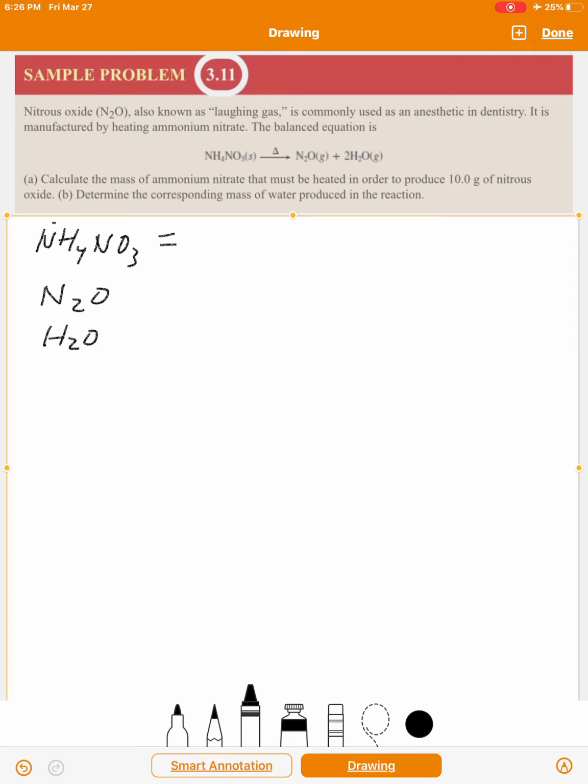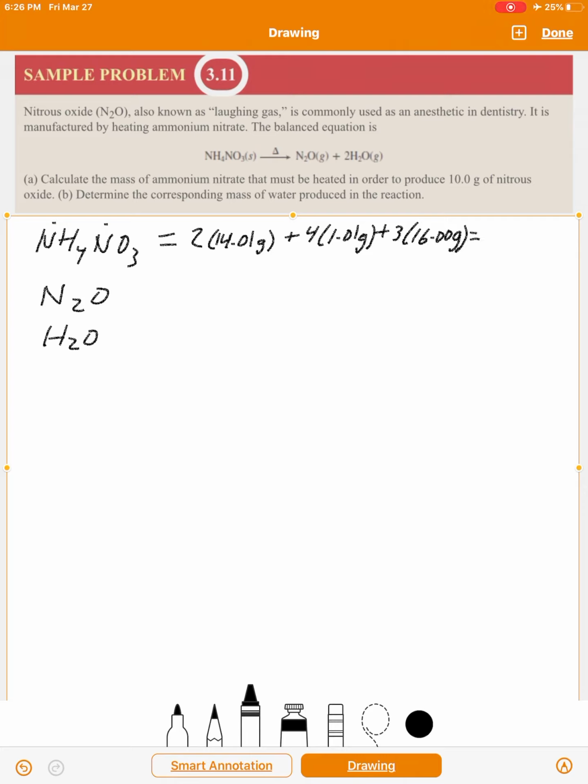So nitrogen, notice there's two nitrogens here. So 2 times 14.01 grams. There's 4 hydrogens, so 4 times 1.01 grams. And then there are 3 oxygens, 3 times 16.